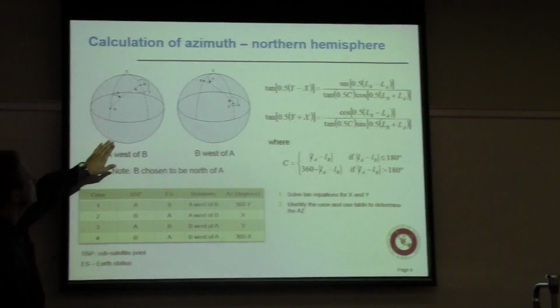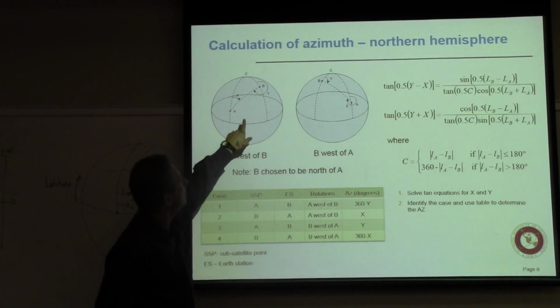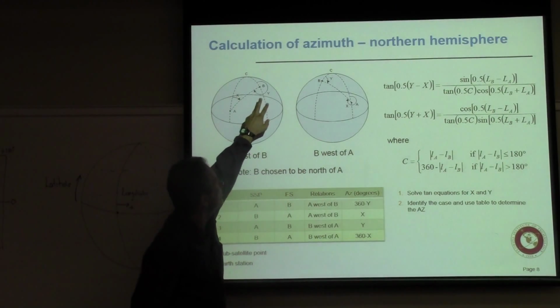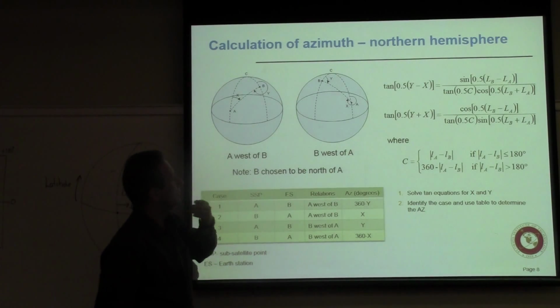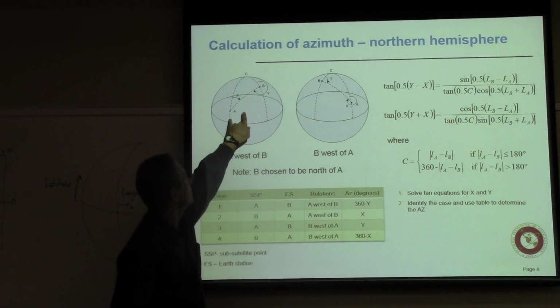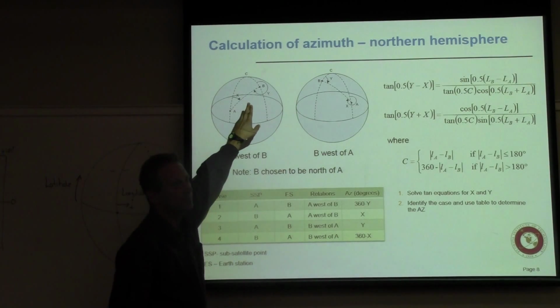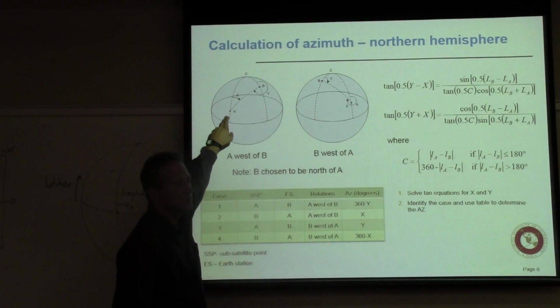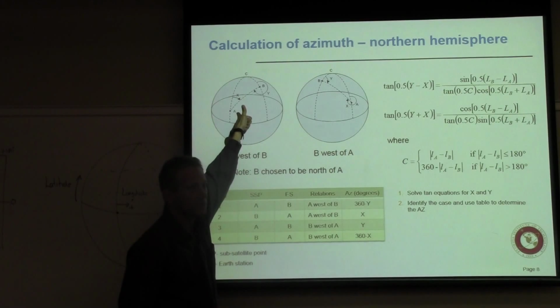We look at 2 points, A and B, and each one of them can be either the Earth station or the subsatellite point. So one case is A is west of B, and A is where the subsatellite point is, B is where the Earth station is. So that's the first case.